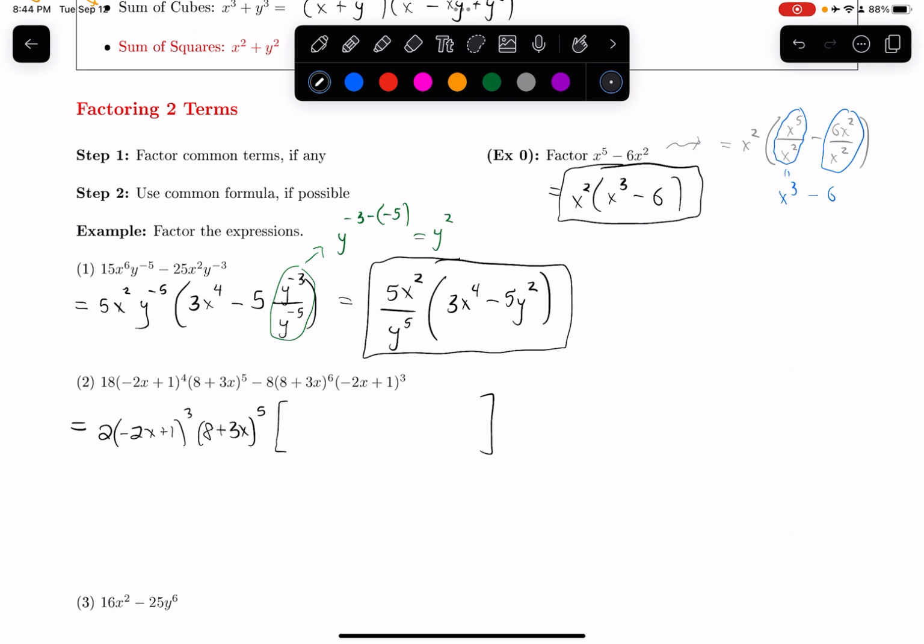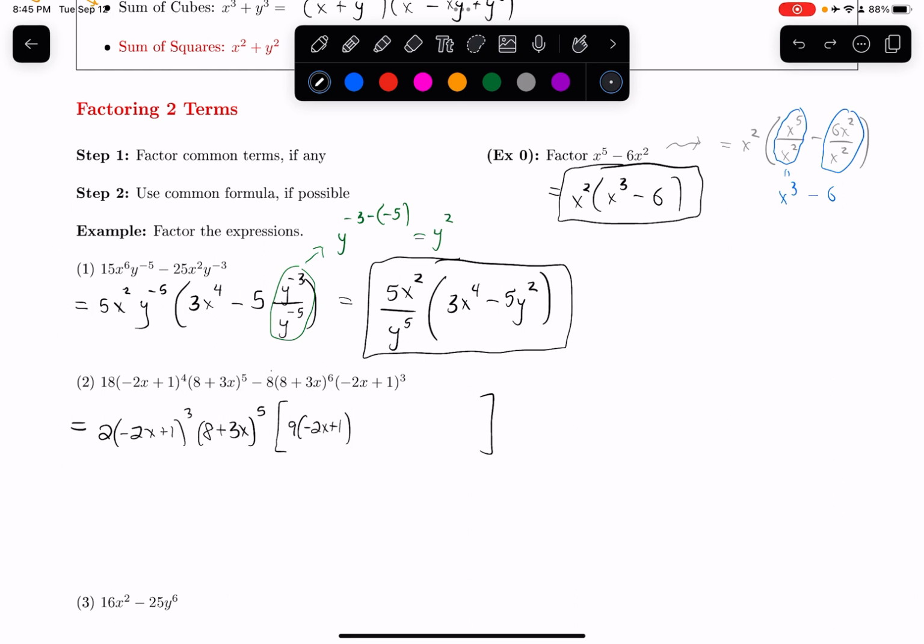Okay, what's left over from the first term when I took all this out? Well, dividing the 18 by 2, I'm left with 9. I'll have one of these negative 2x plus 1s left over. Because there's just 1, I don't really need to write the exponent 1. I could just write it without it. And then I took out all these 8 plus 3x's, so I don't need to write that. So I'll move on to the next term.